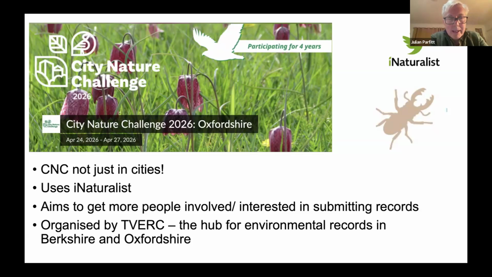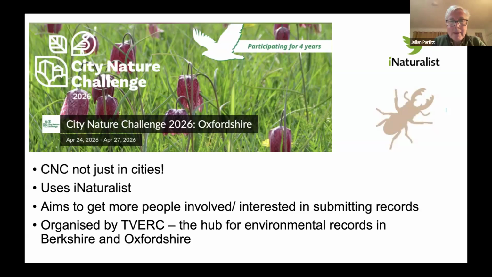So iNaturalist is generally thought to be easier to use than iRecord. So it's a way of trying to get people more involved and to actually submit some records successfully. It's organized by TVERC, which of course, as you probably know, is our local hub for environmental records for Berkshire and Oxfordshire.